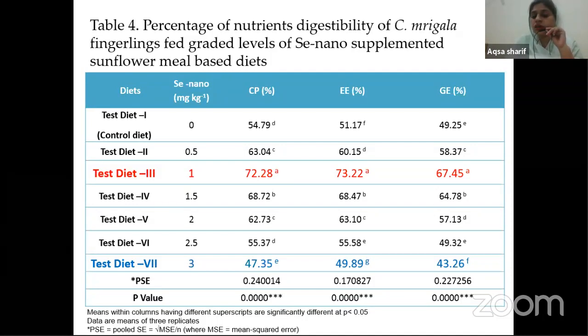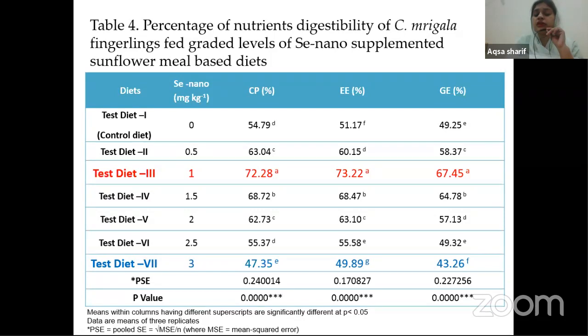That's the highest among other values, and also significantly different. Crude fat, that's also known as ether extract, was 73% in the fish meat, and gross energy was 67%.